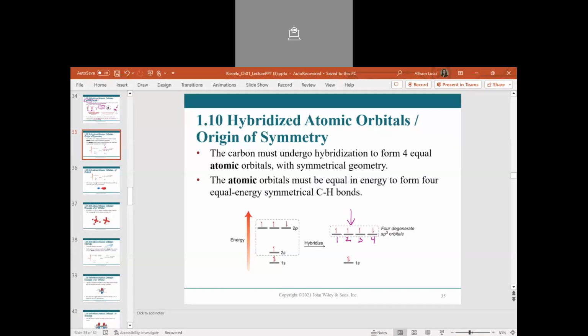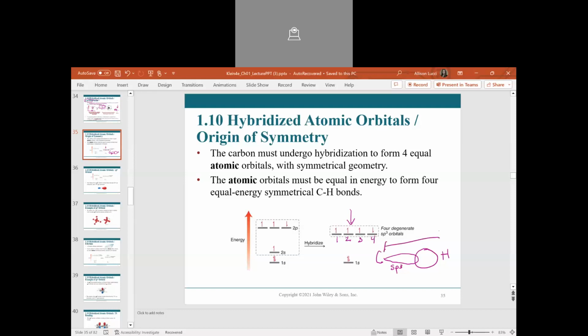Degenerate means equal energy atomic orbitals, and now the overlap of these hybridized orbitals, so say this is from our carbon atom, this is my sp3 hybridized orbital, would overlap with the hydrogen's s orbital here, and we would see this bond that forms would be equal if we use these 4 degenerate hybridized sp3 atomic orbitals.